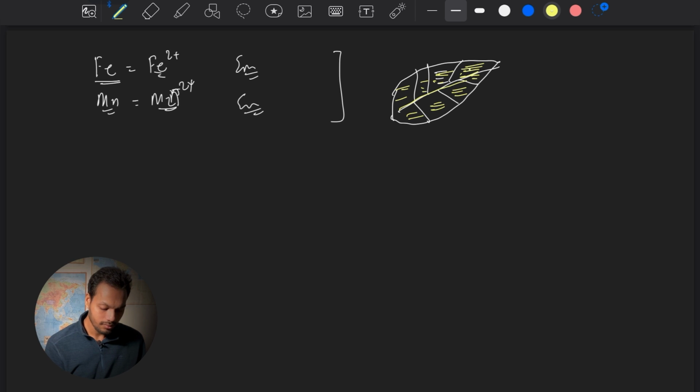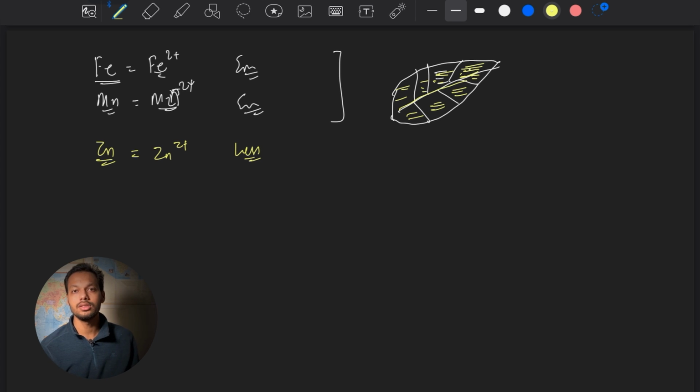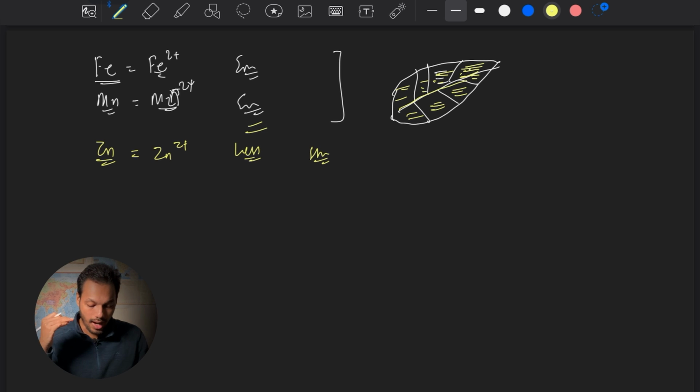Then zinc deficiency. Zinc is taken up in the form Zn2+, and it is a less mobile nutrient. Due to zinc deficiency, internodal elongation will be less, so the plant will become shorter. Zinc is a cofactor of enzymes and helps in enzymatic activation.